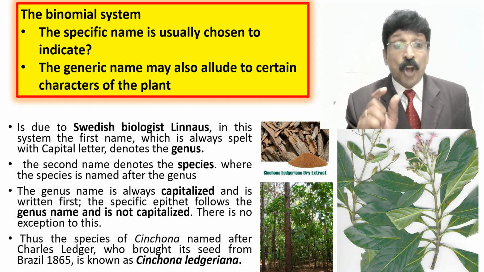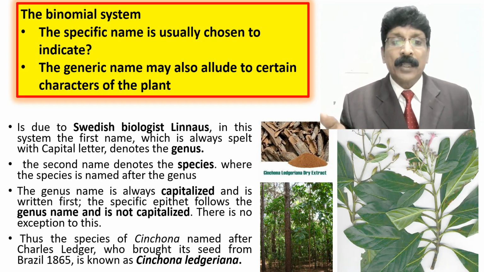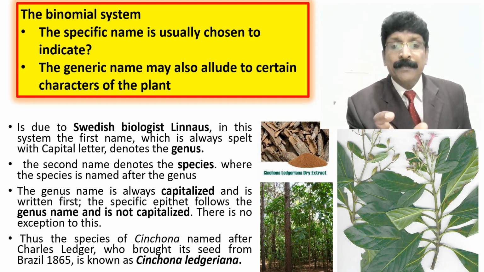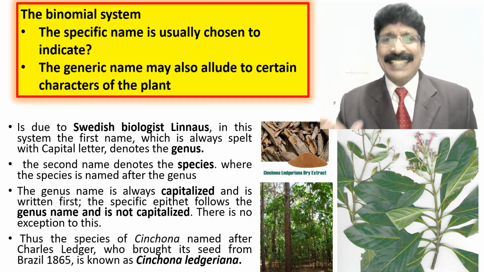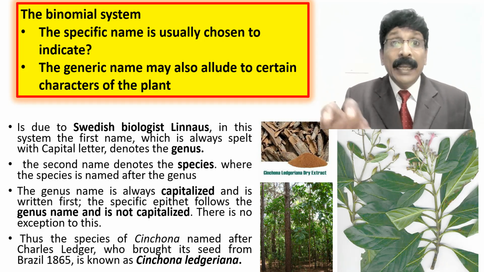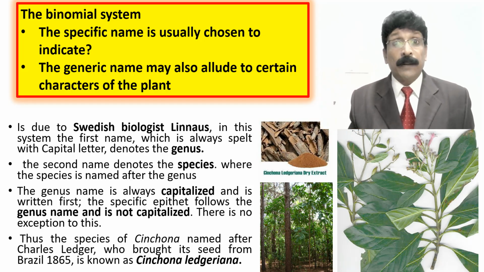So Charles Ledger, the scientist, is the name behind ledgeriana. That is why Cinchona is the genus name and ledgeriana is the species name, named after the person who brought the seeds to the world for cultivating in other places.